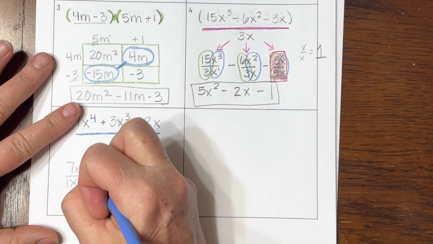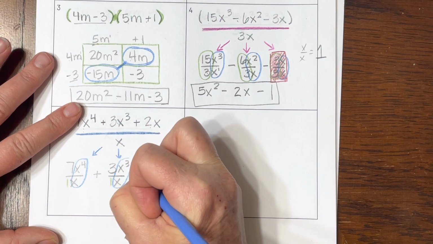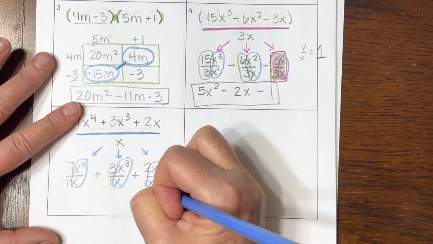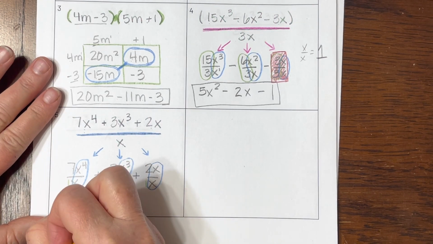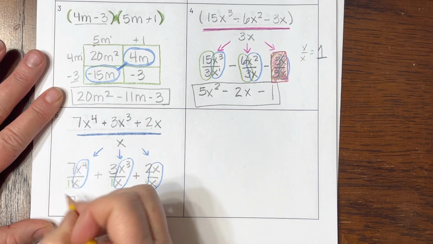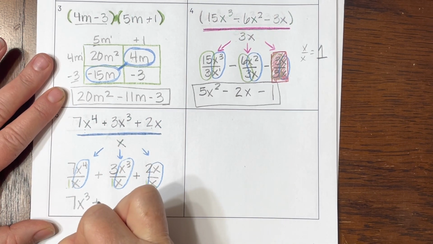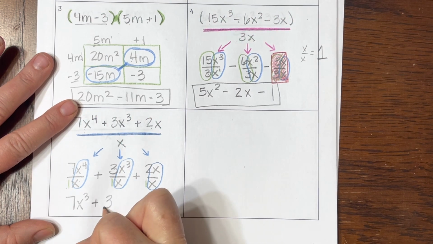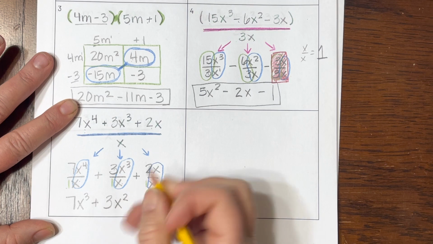What I do need to recognize is that all of my variables with exponents, I'm essentially taking away 1x every time. So my 7 divided by 1 stays 7. I have a 4, take away a 1. It's 7x cubed. Keep my sign. 3. I have x cubed, take away a 1, x is x squared.